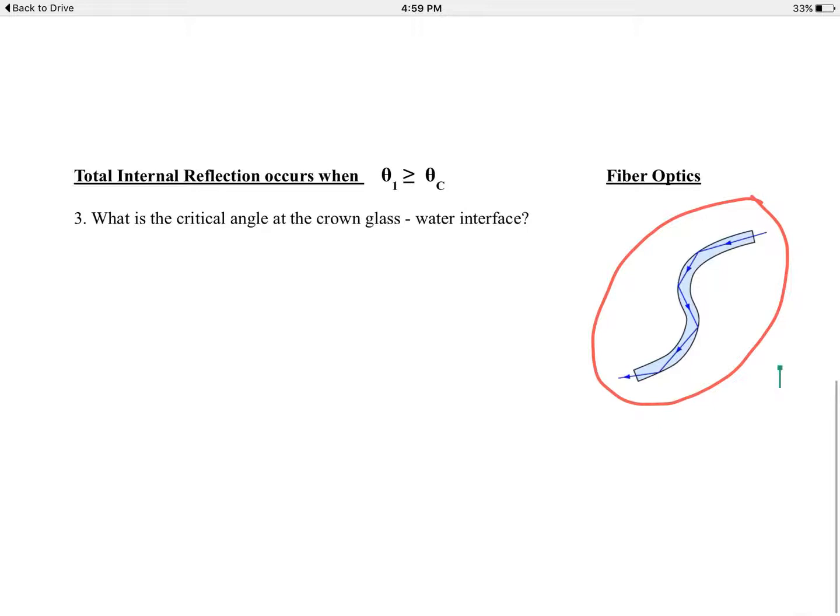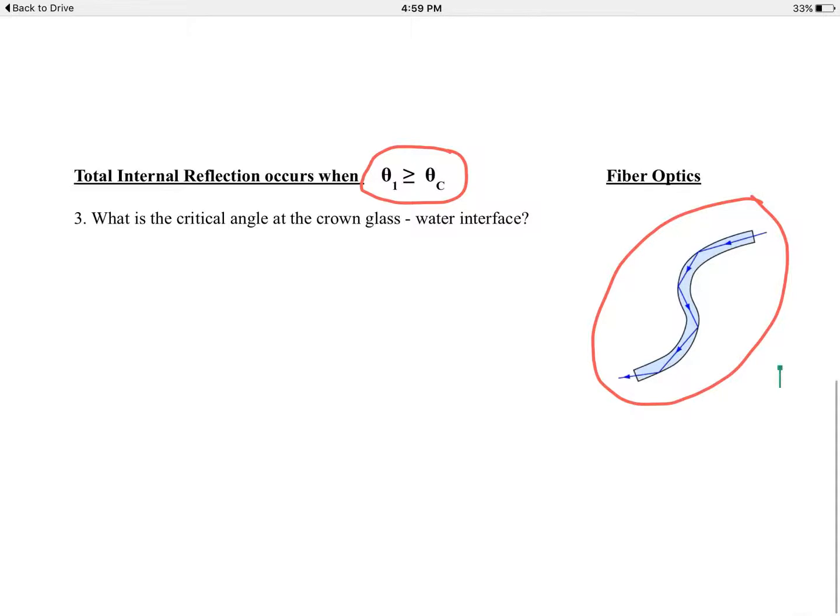The angle of incidence is equal to or greater than the critical angle. There can be no refracted ray because the refracted ray can't go beyond 90 degrees. So total internal reflection occurs when theta sub 1, your angle of incidence, is equal to or greater than the critical angle. The critical angle is when the total internal reflection begins.